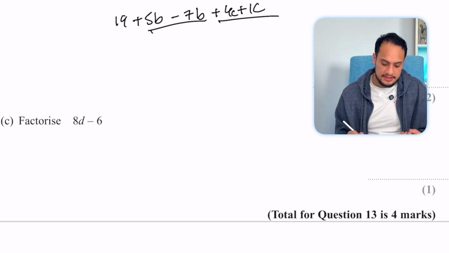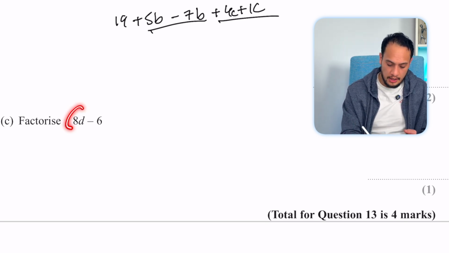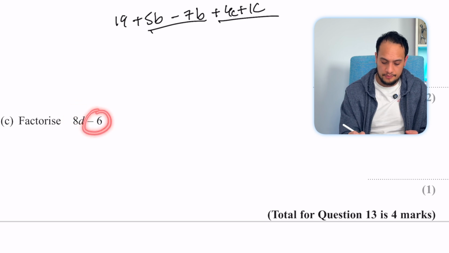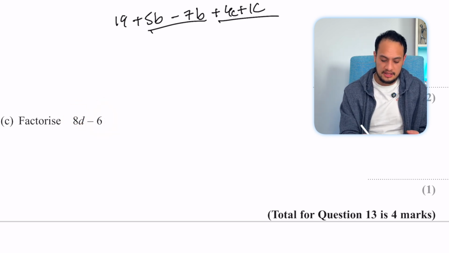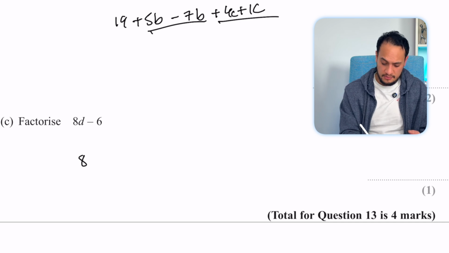Now factorize 8d take away 6. So in this case, I've just got to look at both of my terms. I've got 8d and I've got minus 6, or 6 in this case. And I just need to think, what's a common factor of both 8d and 6? So a good idea is to think about your factors of each of these.